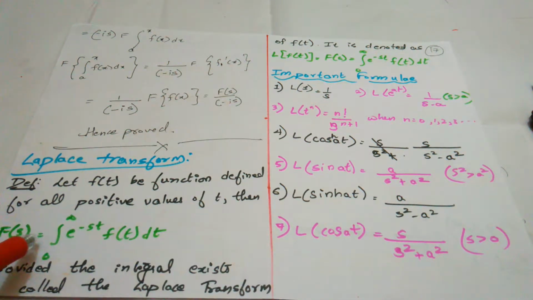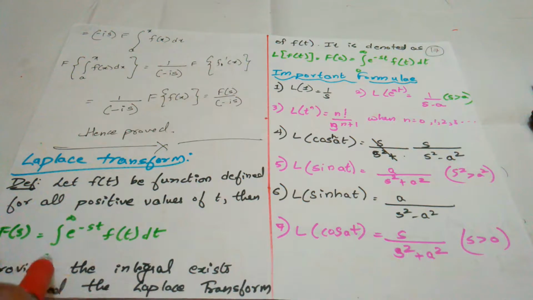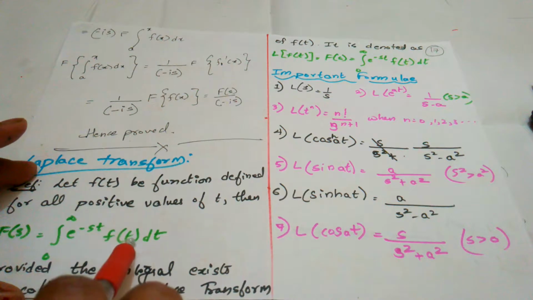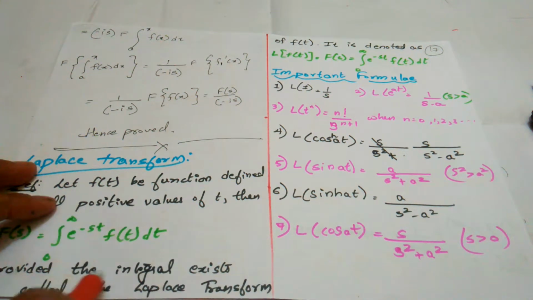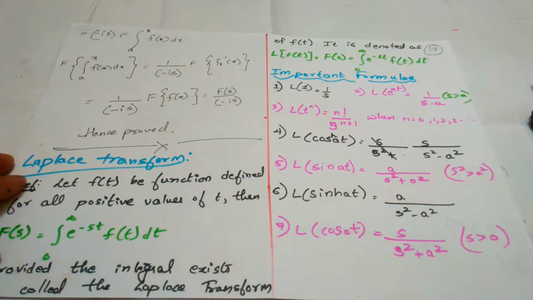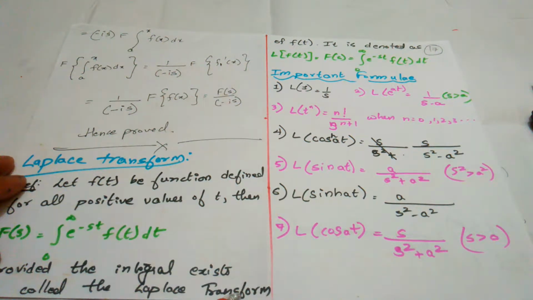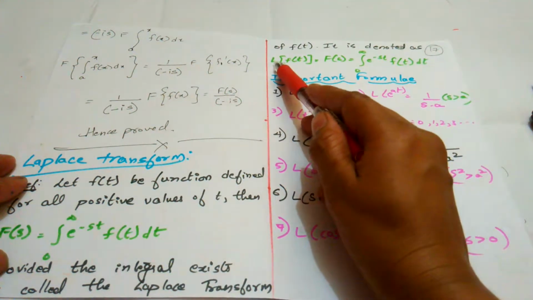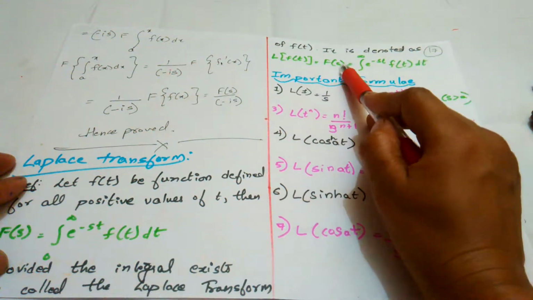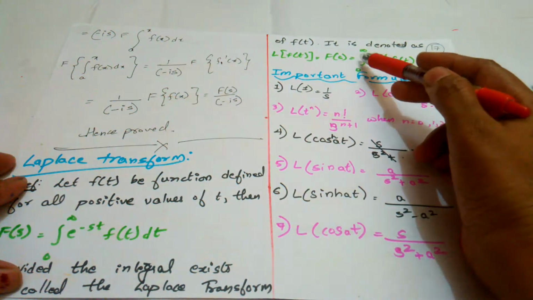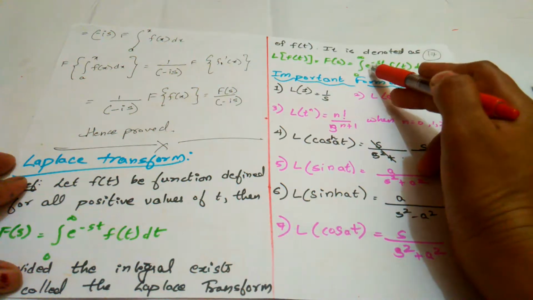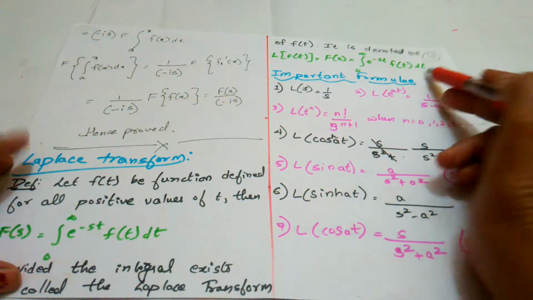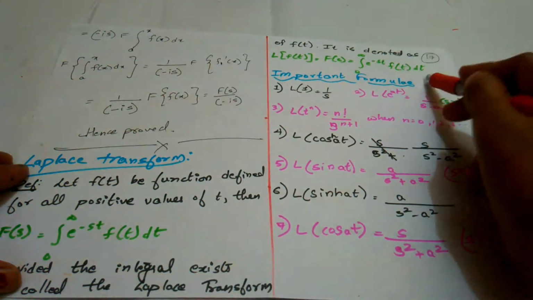Then F of s is equal to the integral from 0 to infinity of e raised to minus st times f of t dt, provided the integral exists, is called the Laplace transform of f of t, and it is denoted by L of f of t is equal to F of s, which is equal to the integral from 0 to infinity of e raised to minus st f of t dt. Okay, so you just have to remember this expression.